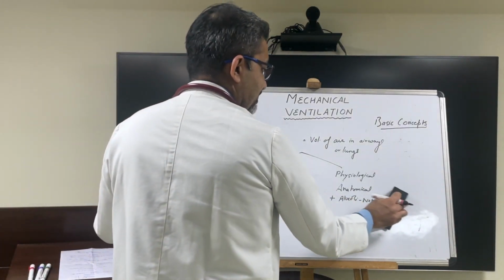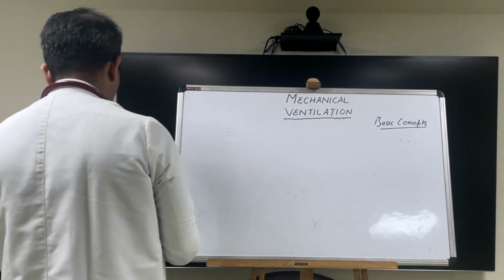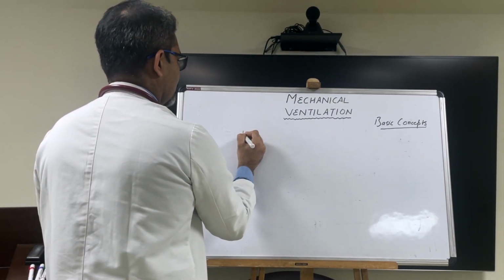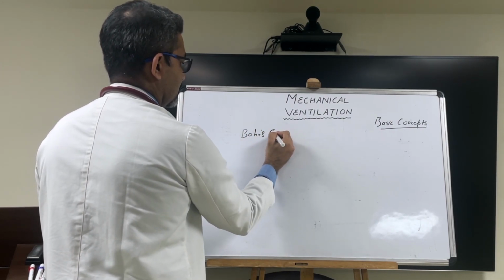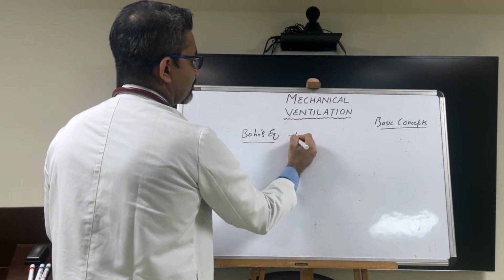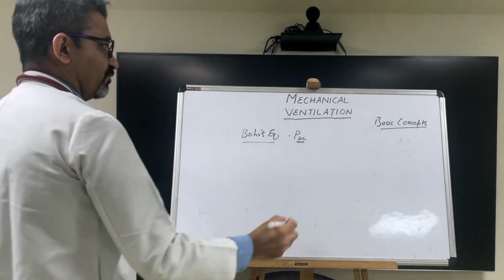Physiological dead space can be calculated by an equation known as Bohr's equation. So what is Bohr's equation?